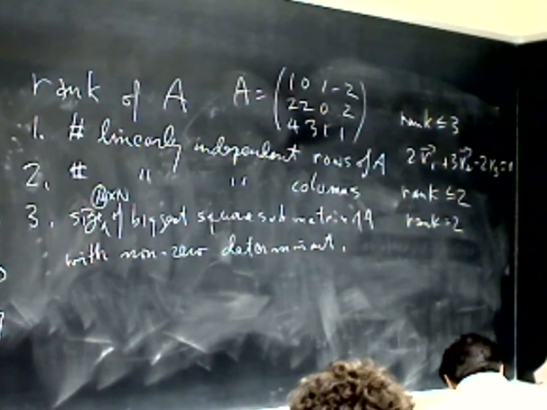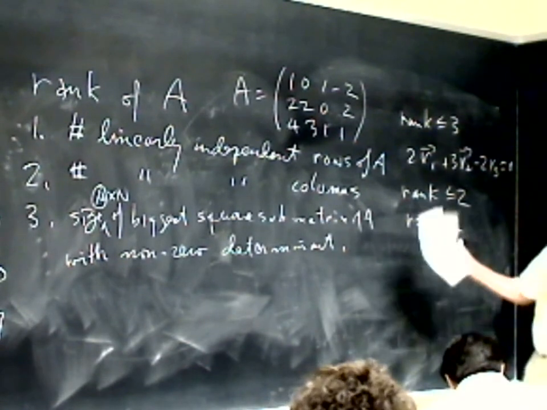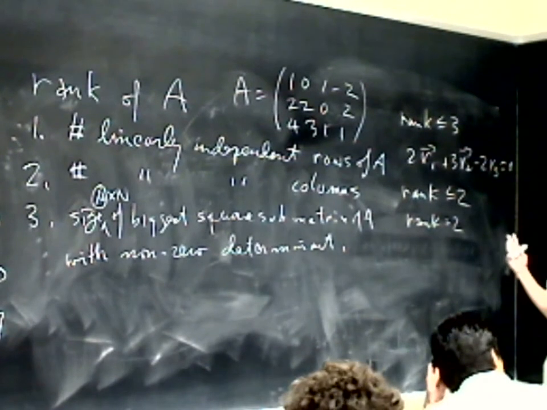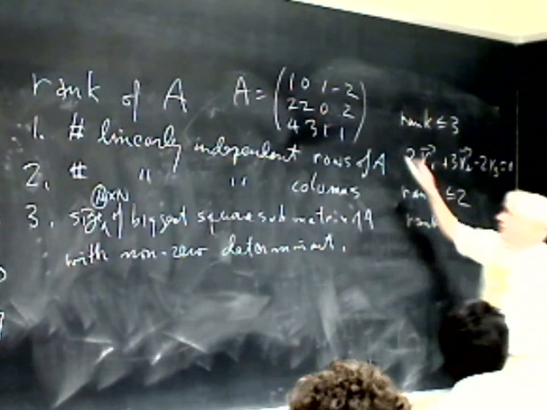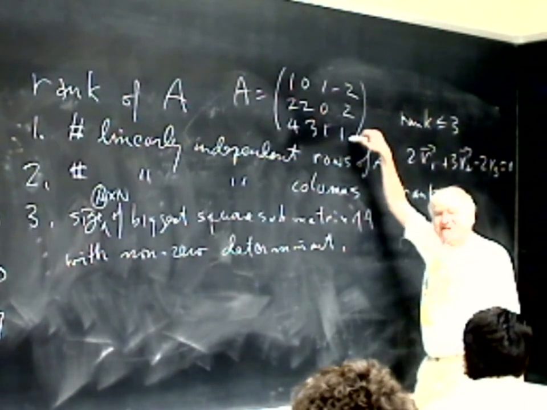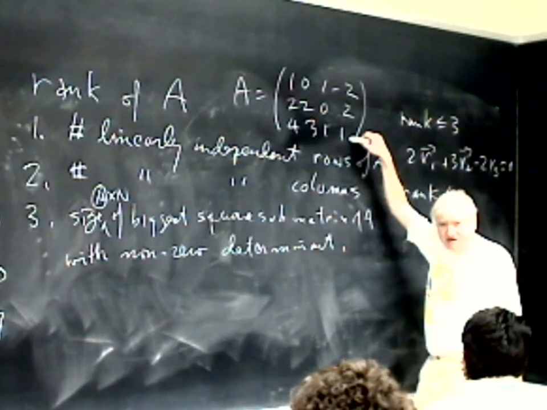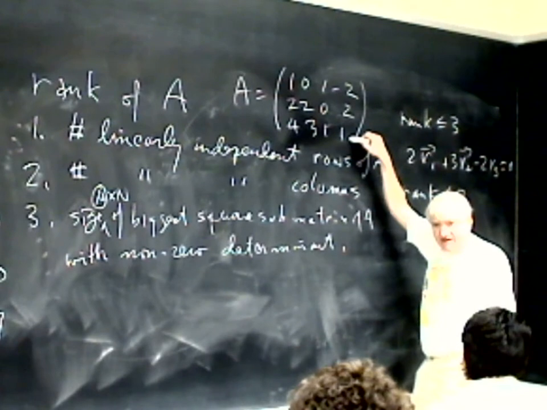That's important. For example, this thing has rank 2. That means that although you have three rows, they only span a two-dimensional space, because the three are linearly dependent.